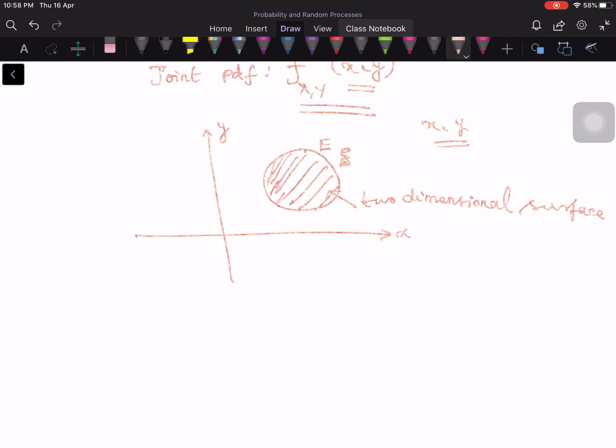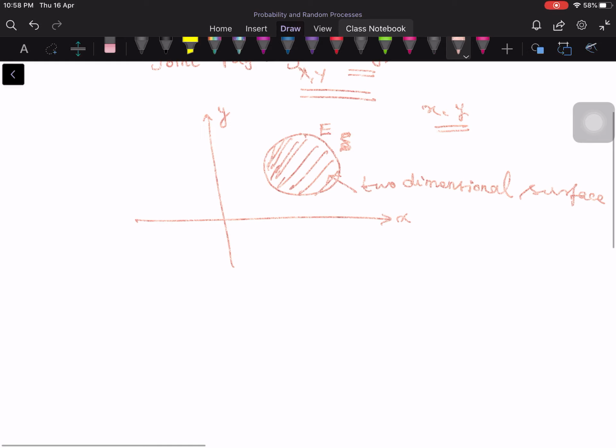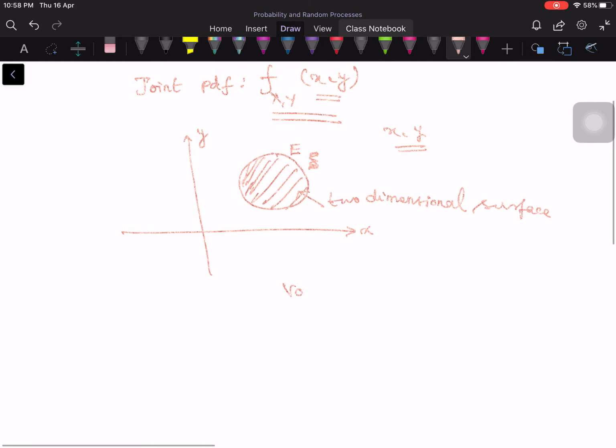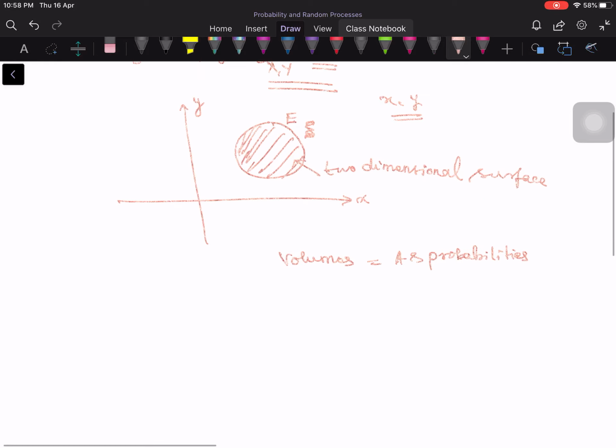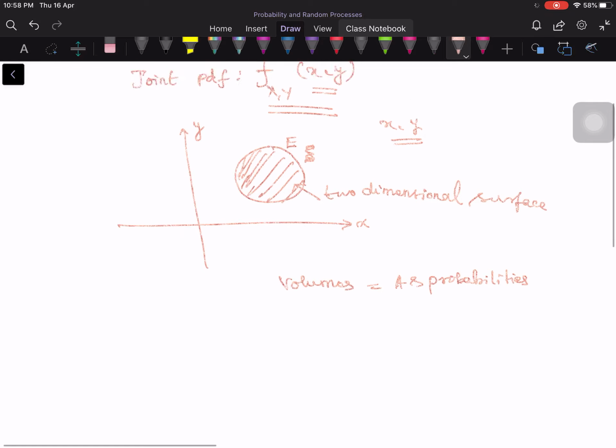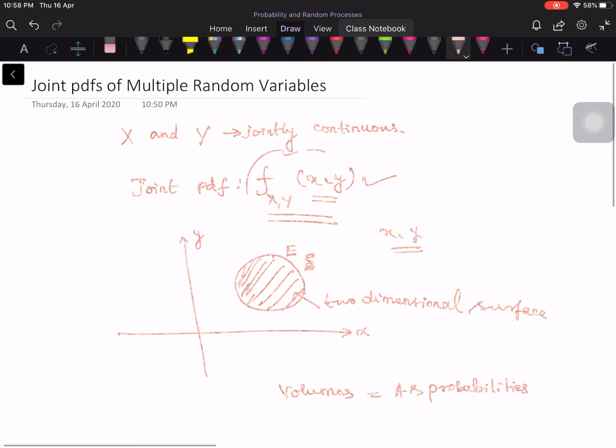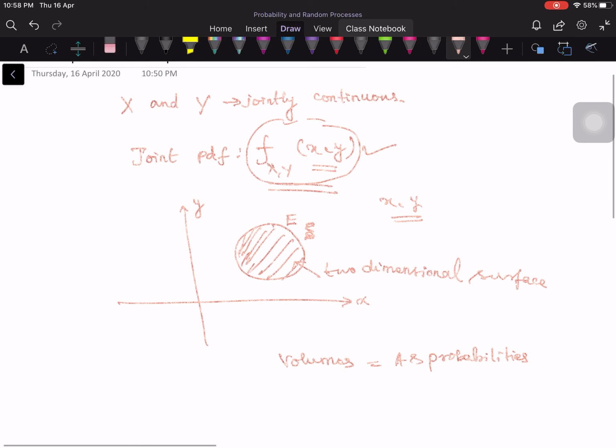What should that total volume be? Well, we think of these volumes as probabilities. So we have the two-dimensional surface, and on top of it our density function is sitting. Therefore we think of these volumes as probabilities, and we know that the total probability should be equal to 1.